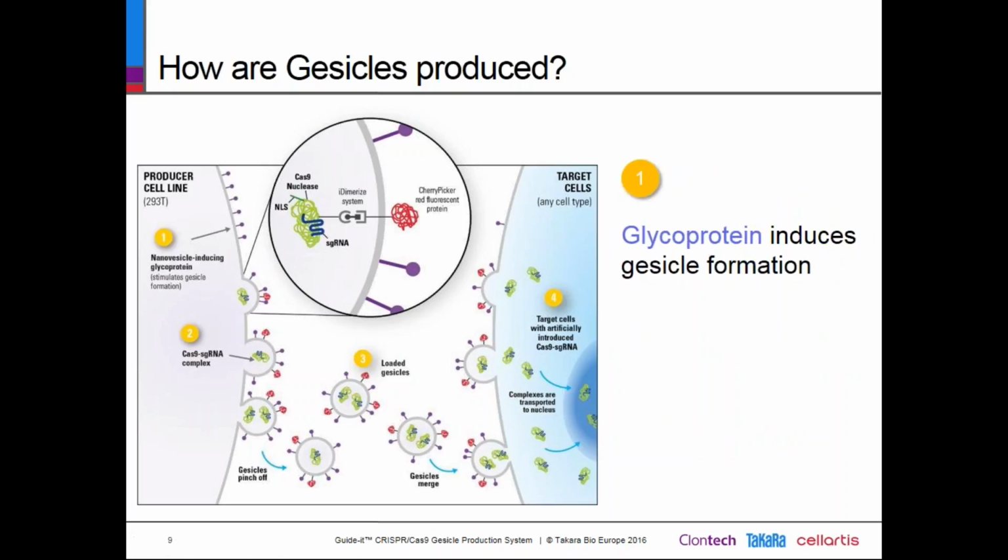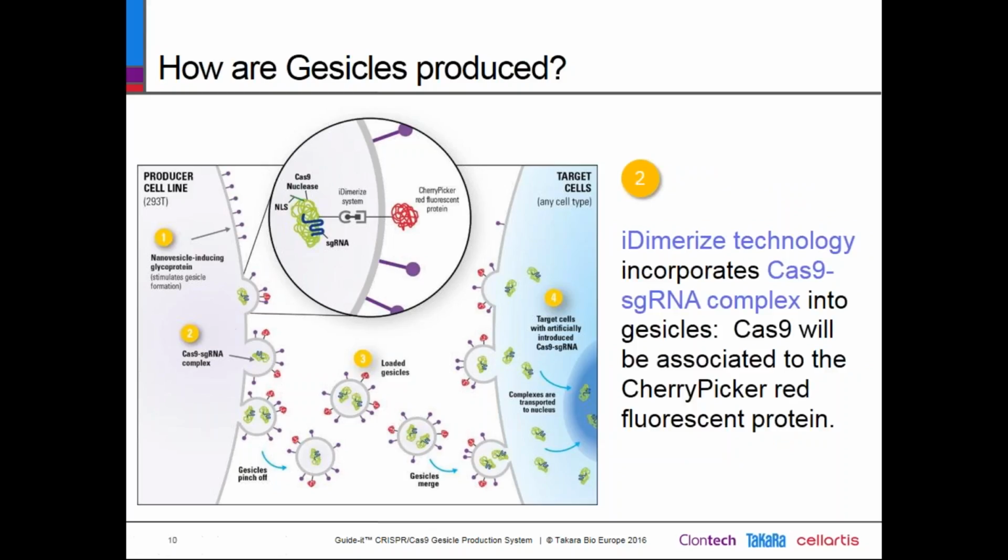The overexpression of the glycoprotein will then induce Gesicle budding from the producer cells. We also use a second Clontech technology in the system, which is called iDimerase. iDimerase is a system to artificially induce protein-protein interactions, and we use this technology here to tether the Cas9 protein to the membrane-bound CherryPicker fluorescent protein.